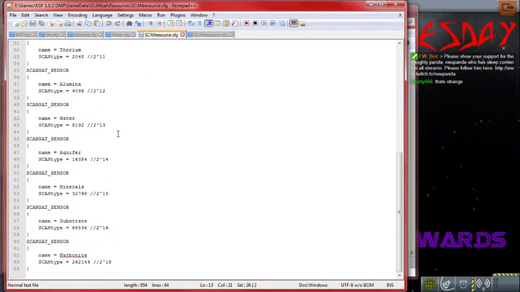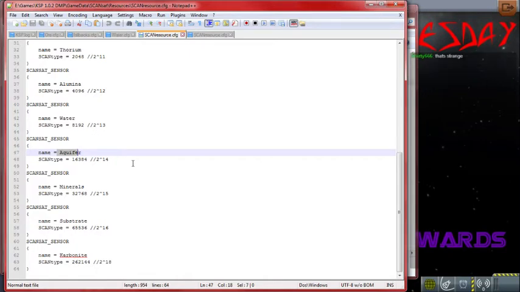So what number do these go up to? What the heck is aquifer? Aquifer? Aquifer. Anyone know where aquifer is used as a resource?